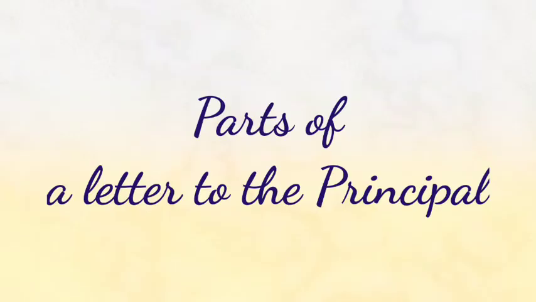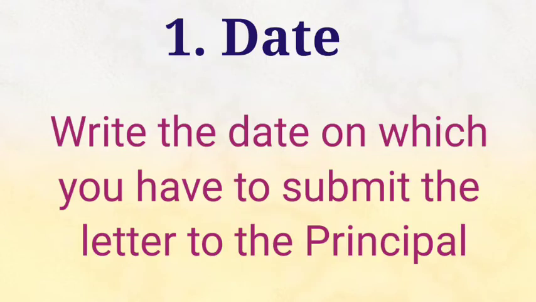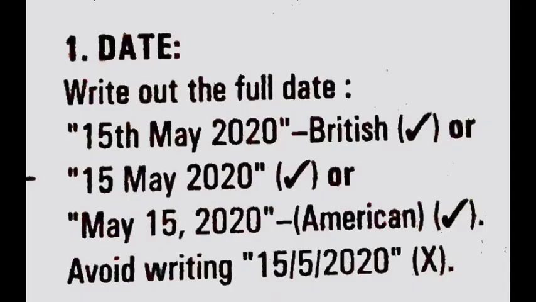Moving forward to parts of a letter to the principal. A letter to the principal can be subdivided into 6 main parts. First one is the date. The date is the date on which you are going to submit the letter to the principal. As you can see here, there are 4 formats, out of which 3 are applicable and 1 is not allowed.